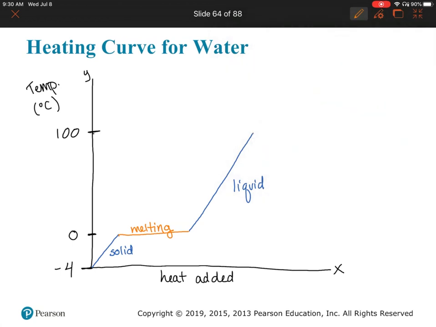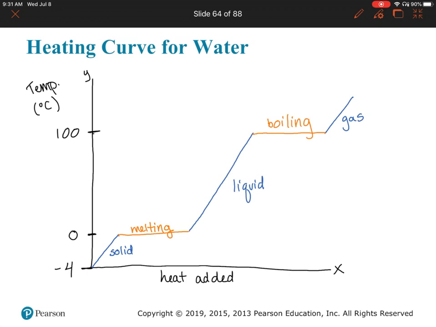And at that point, again, any heat that's added is going into the energy of the particles. So the liquid particles are now going to gain more energy to become a gas. And the change of state there is the process of boiling. All right, and then we'll have our gas, which can also increase in temperature if we add more heat.